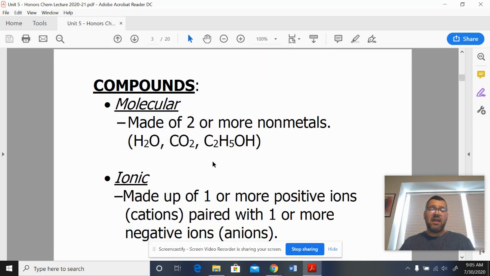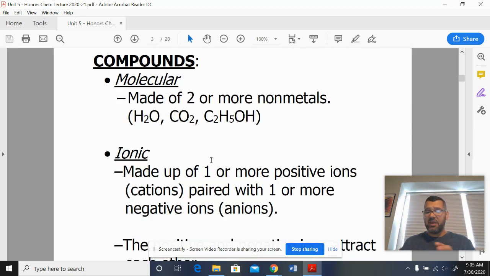A molecular compound is simply made of 2 or more nonmetals that are combined in some way. Here are some examples. H2O, there's H and O. They're both nonmetals. CO2, both nonmetals. And you can get more complicated, like C2H5OH, with more atoms. They're all nonmetals, and so that's a molecular compound.